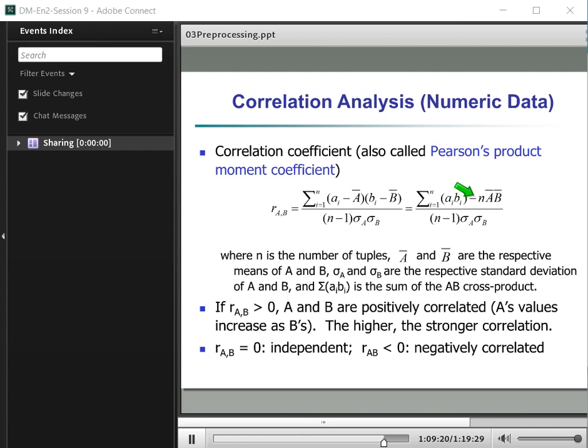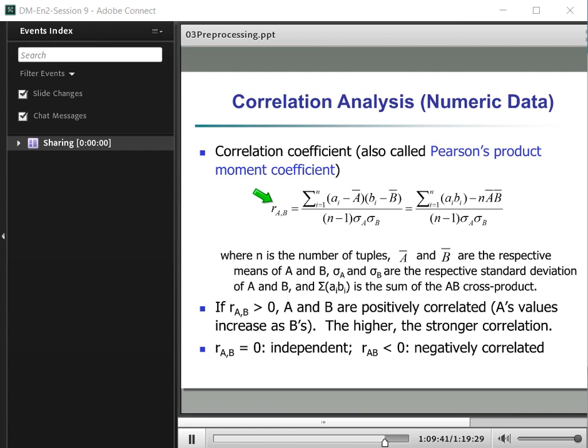This value here, we are using a minus here. This value can be a positive value, can be 0, or can be a negative value. It's something between -1 to 1.